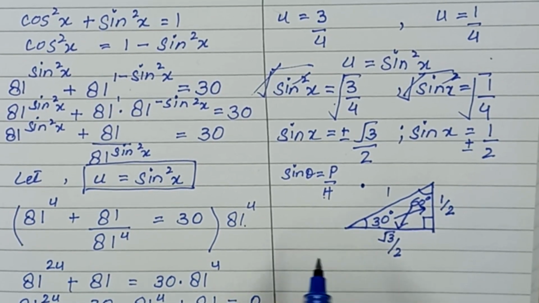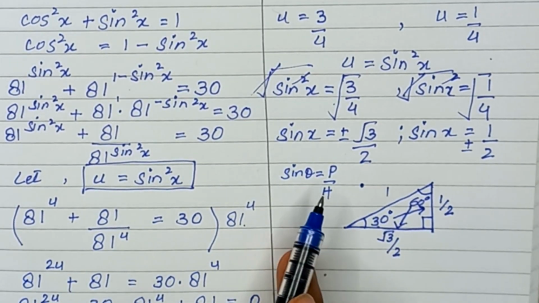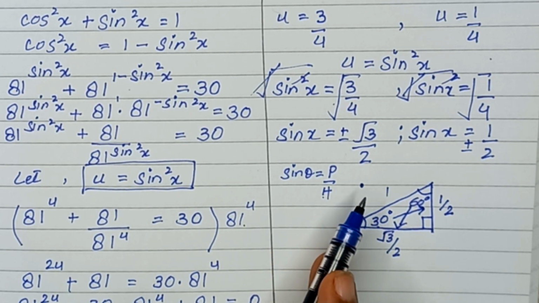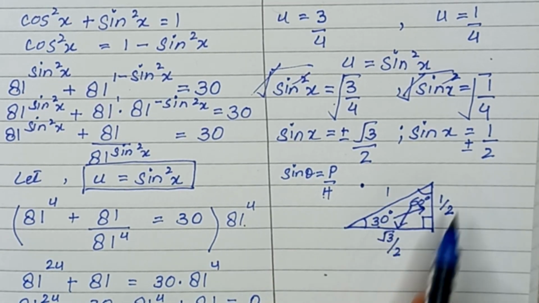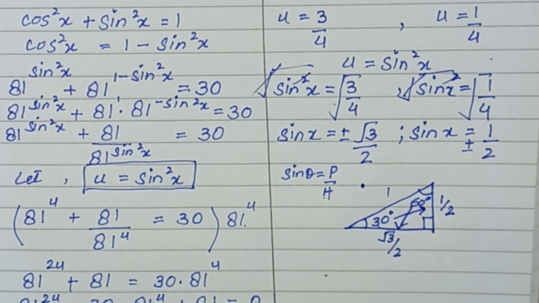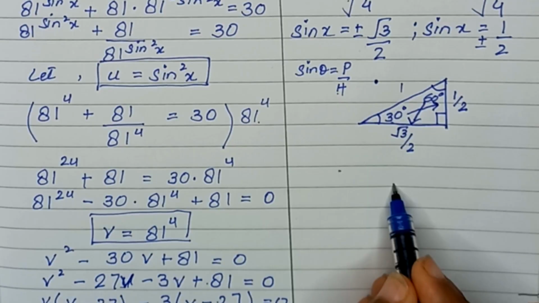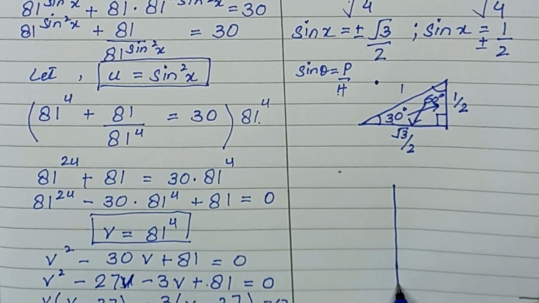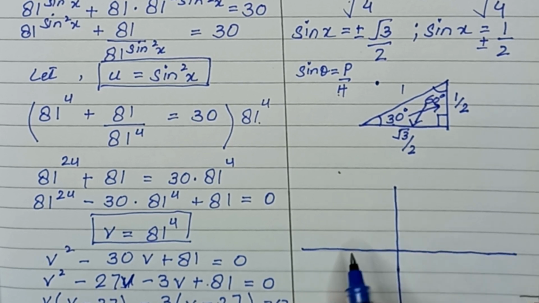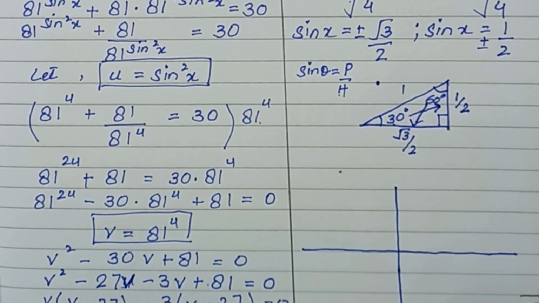Now we are supposed to find the values of x between 0 degrees and 360 degrees, whereas this is only a right angle triangle. So we will draw a circle here.